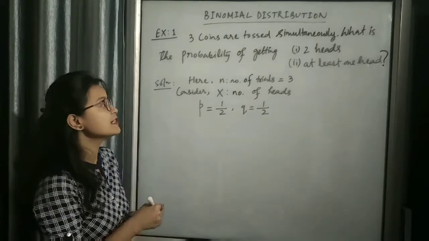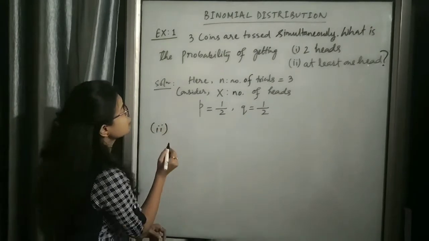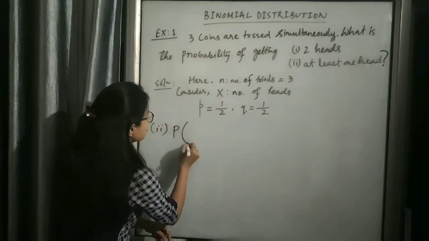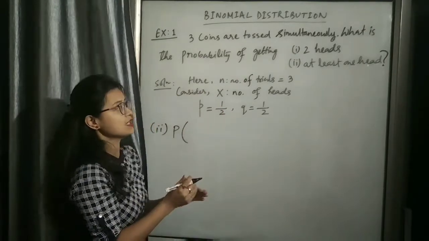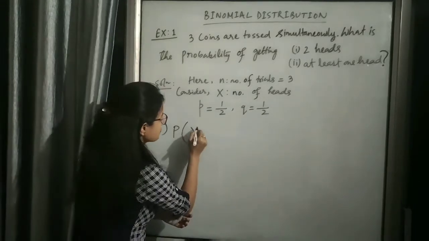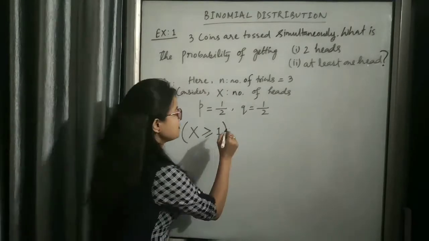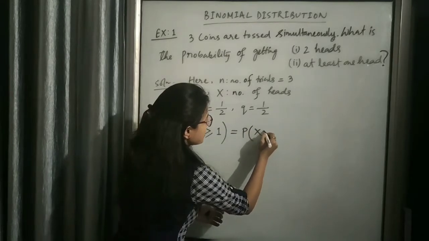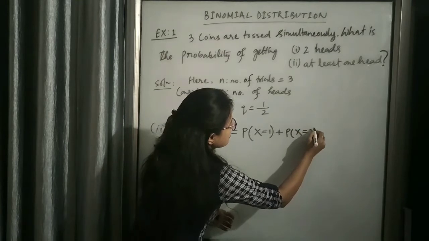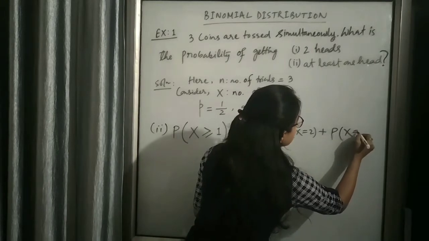Now we'll look at the second part of the question, to evaluate the probability of getting at least one head. So the probability of getting at least one head means the number of heads is minimum 1, so X greater than or equal to 1. The meaning is, X taking the value from 1 up to the number of trials. Here the number of trials is 3, so it will go up to 3.